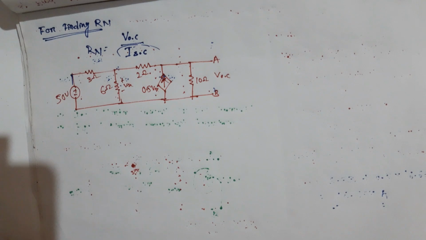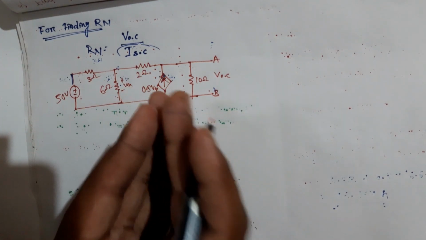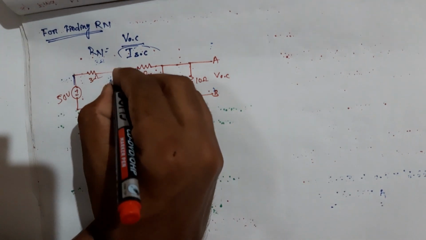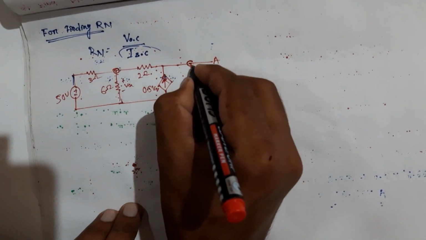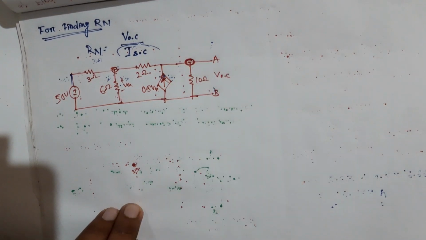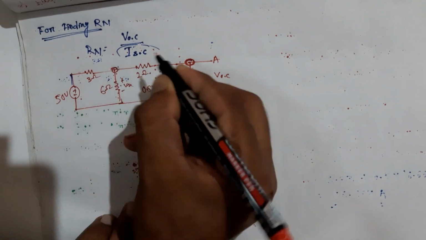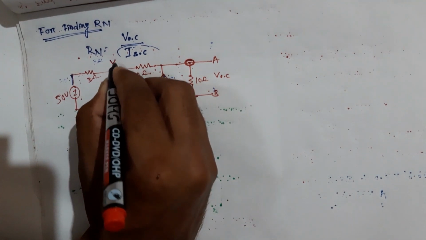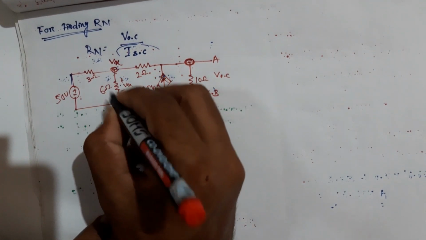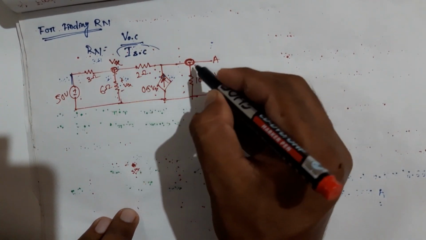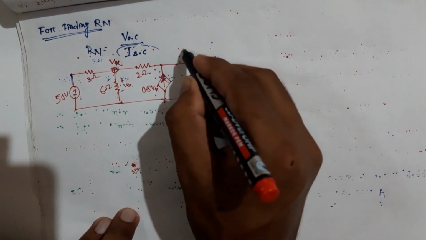To find this voltage, I am going to apply two node equations. Here is one node and here is another node, so that we can find the open circuit voltage. This is node 1. Let this node be Vx, because this potential is Vx. Here the node voltage is VOC.